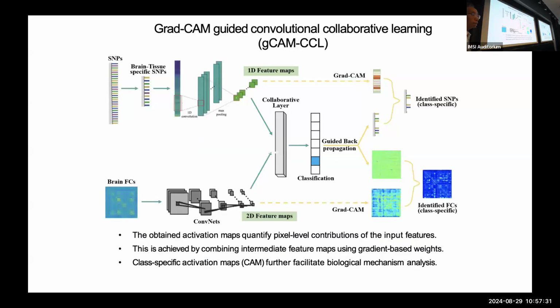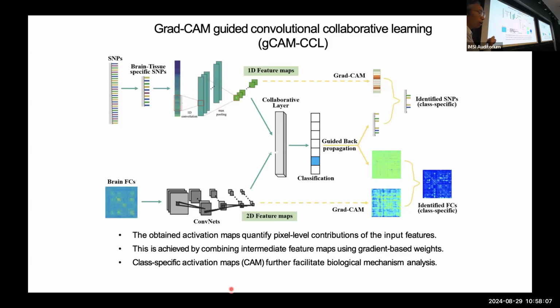To this end, we recently proposed to use convolutional collaborative learning in combination with Grad-CAM. Grad-CAM is a very popular approach in machine learning that can be used to identify significant features at the pixel level. Take for example the genomic SNPs. First, we use some prior knowledge like gene texts to do the pre-filtering.